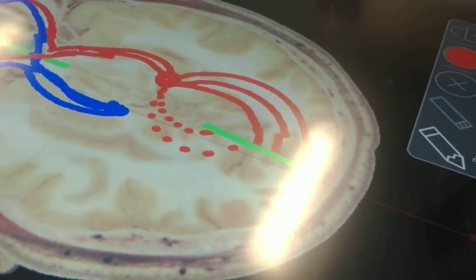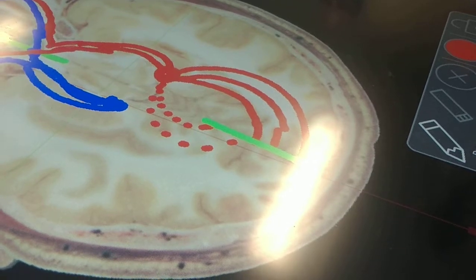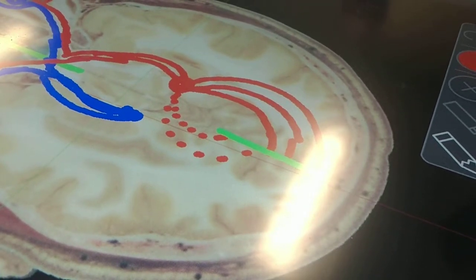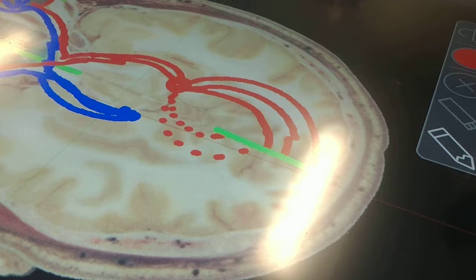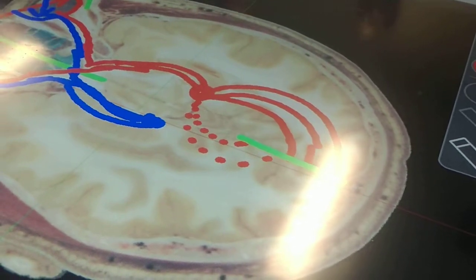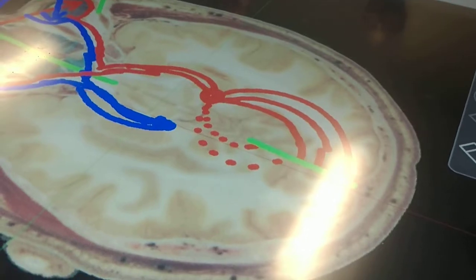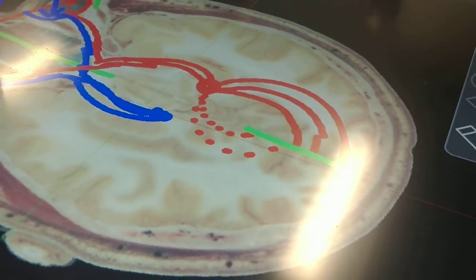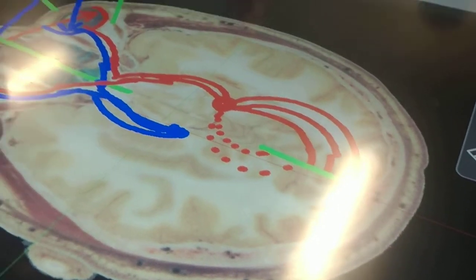That's not crossing midline. That's just going down and back up. Now I've divided my visual field into what? Top and bottom. So how many parts to my visual field do I have? Four. So I have four quadrants of my visual field.